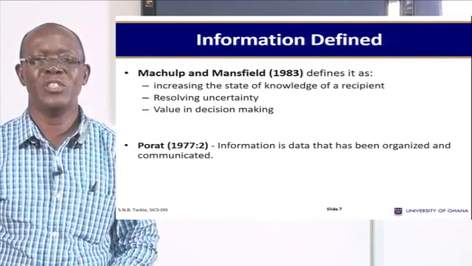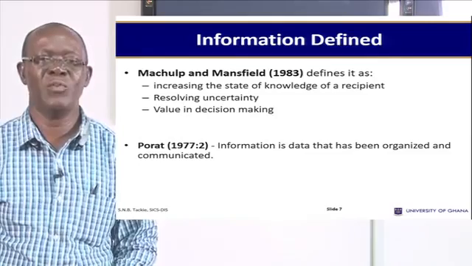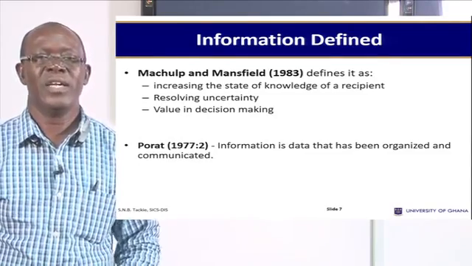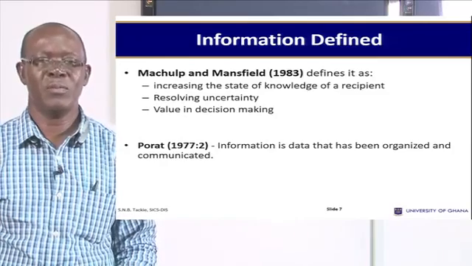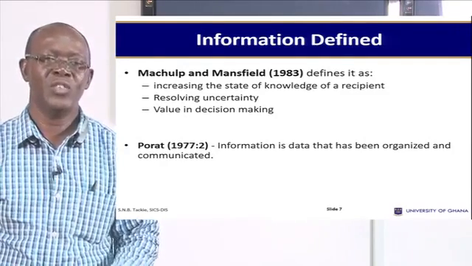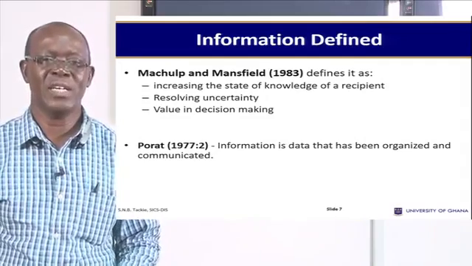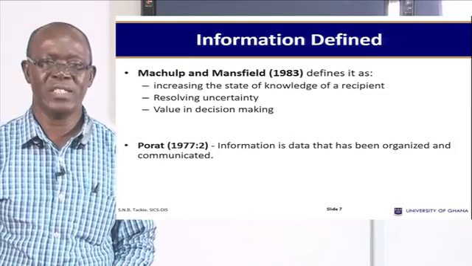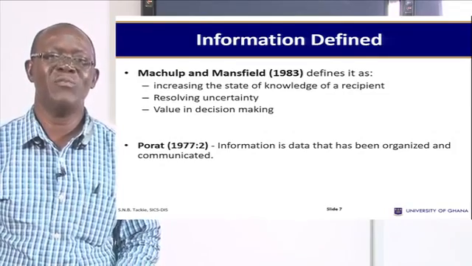When you pass information on to the person, you increase the person's knowledge base. Again, somebody who is faced with a problem, when you give the person information that will help solve that problem, you are then resolving an uncertainty in the person's life. Now, if you need information to make a decision, what it means is that you are adding value to the decision that you make.